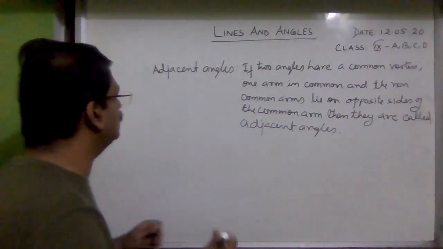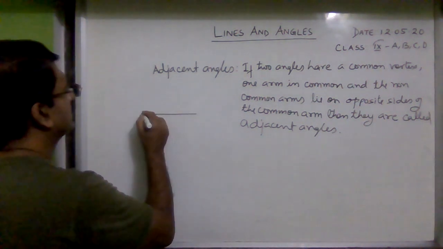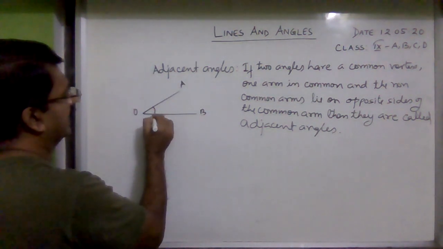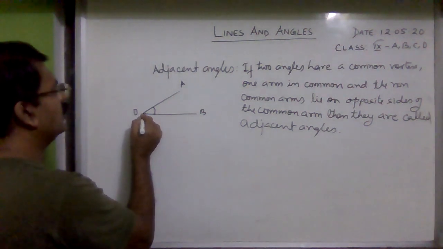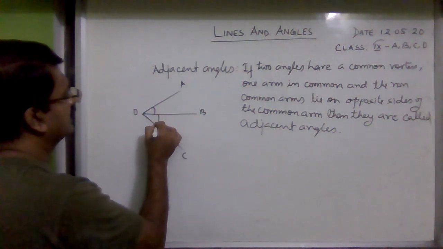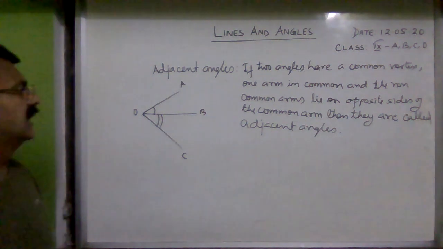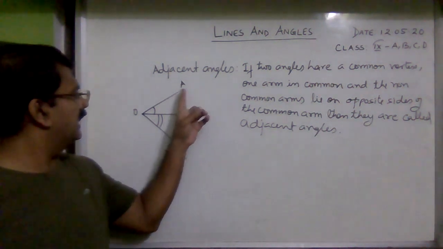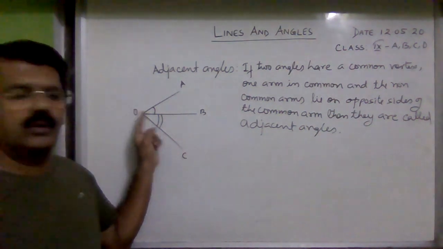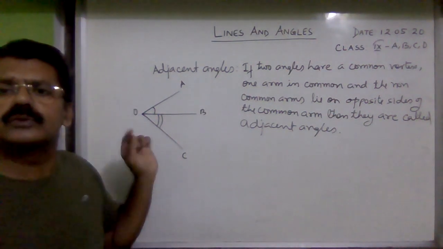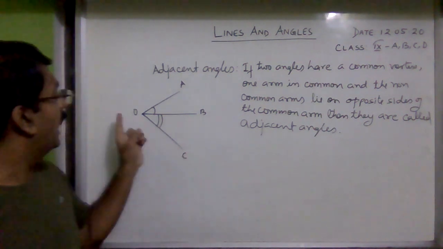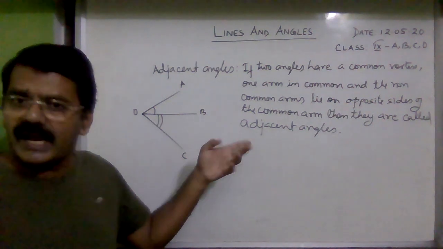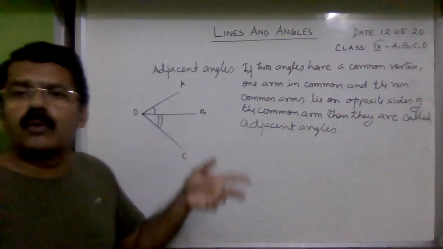Now I'll give you the diagram. See, AOB is an angle and BOC is another angle. Now you see O is common vertex for both the angles. In AOB the vertex is O, in BOC the vertex is O, so they have a common vertex O, and OB is the common arm. In AOB, OB is an arm, in BOC also OB is an arm.